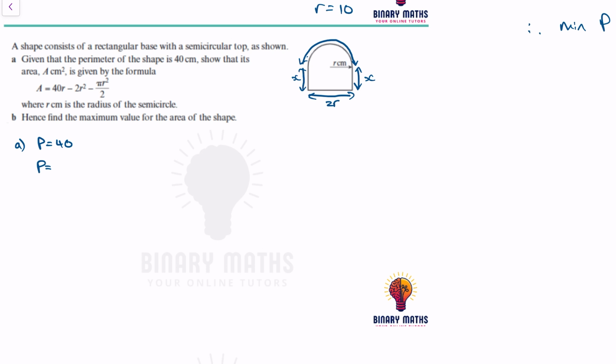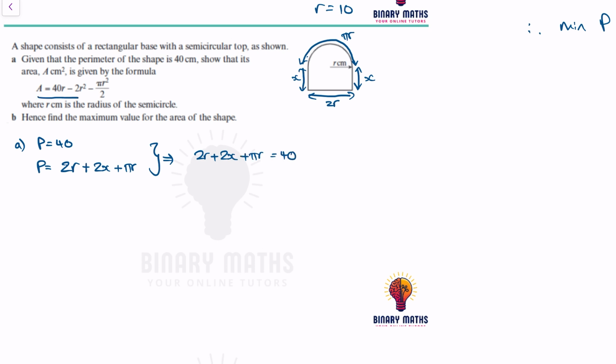This part will be a half of the circumference of the circle. So it's 2 pi r divided by 2, which is equal to pi r. So perimeter will be equal to 2r plus 2x plus pi r. So if we combine these, we end up getting 2r plus 2x plus pi r is equal to 40.